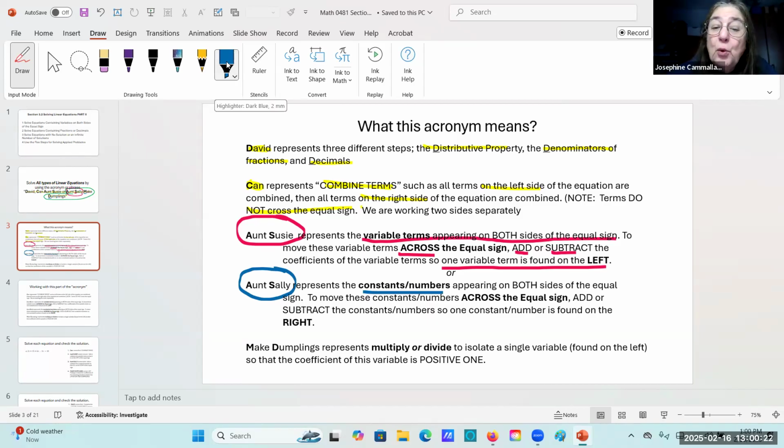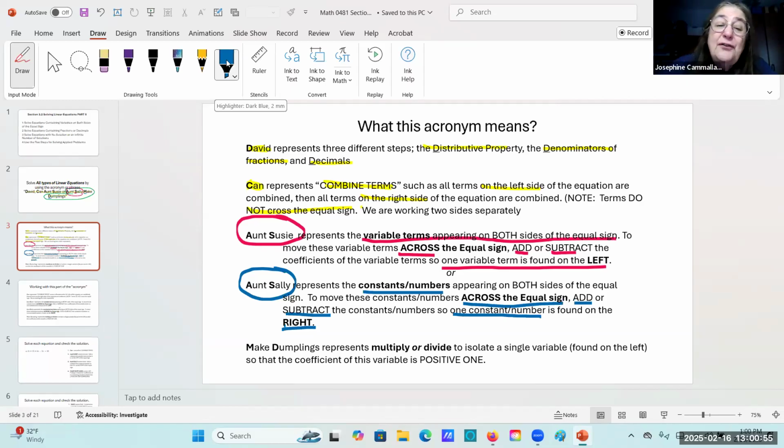And again, we're moving them across the equal sign, and we're adding and subtracting. That's where the AS comes in. You add or subtract. But here's the catch. We want to find one constant on the right side of the equal sign. So you want variables on the left, numbers on the right.